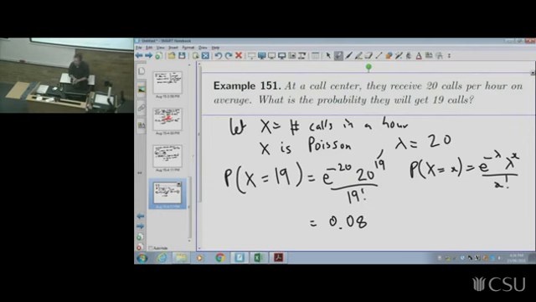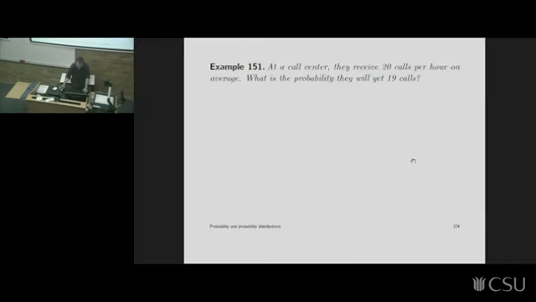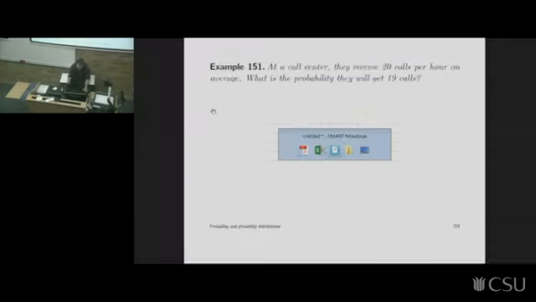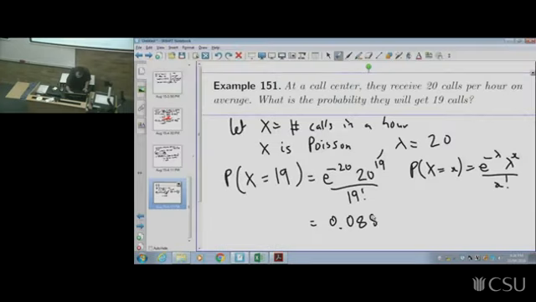Well, if we rounded properly, it'd be 0.09. That's two decimal places. That's what Excel tells me too. Excel is correct, it rounds as well. It's still a five decimal place approximation.